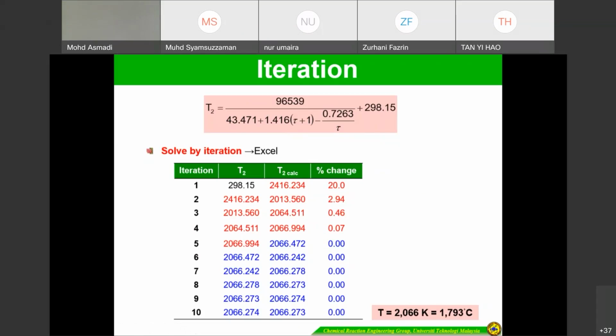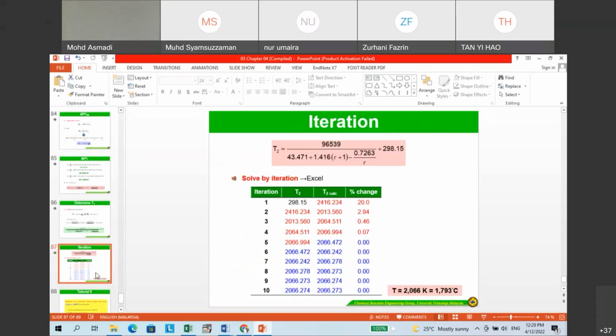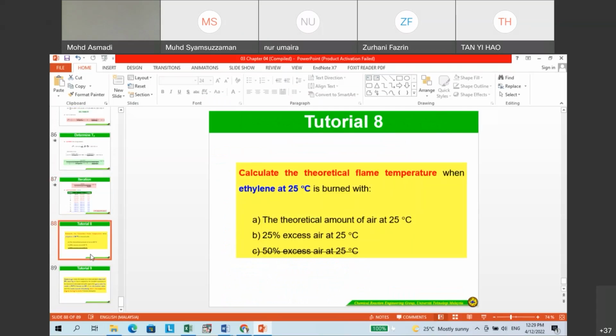Okay, is it clear for this example? Any questions before we stop? I guess everybody is clear with my explanation. Okay, what you have to do is your assignment. Your task is to calculate the theoretical flame temperature when ethylene is at 25 degrees C. Okay, similar steps as this one.